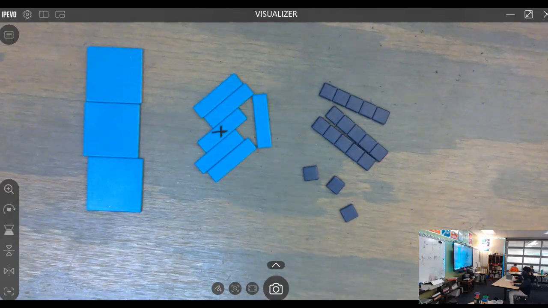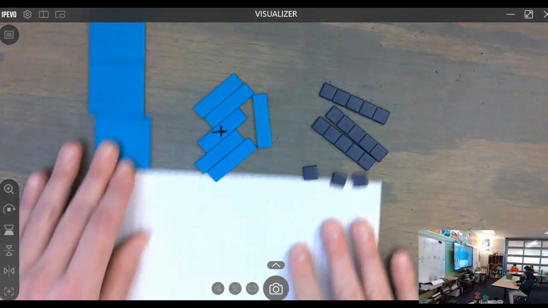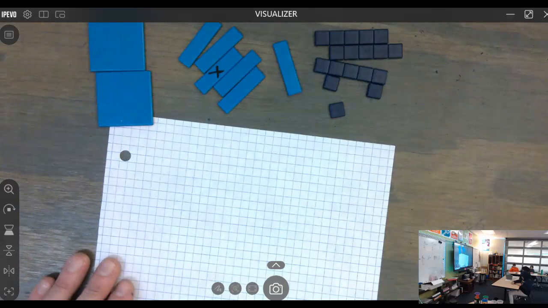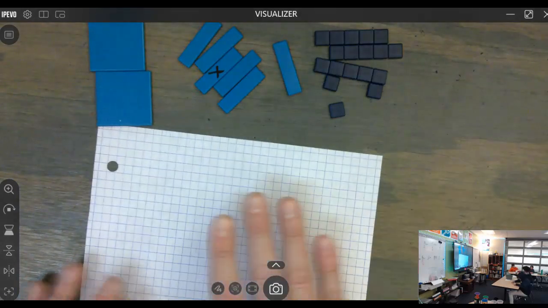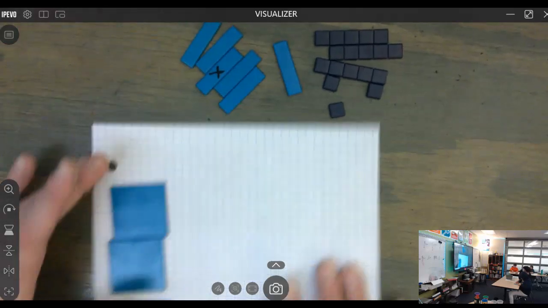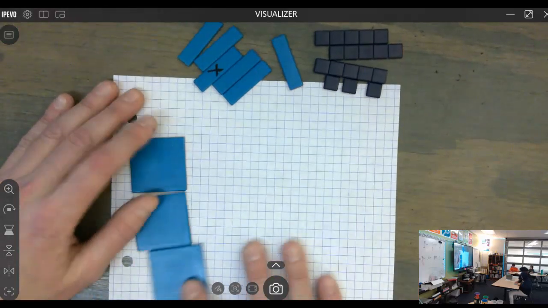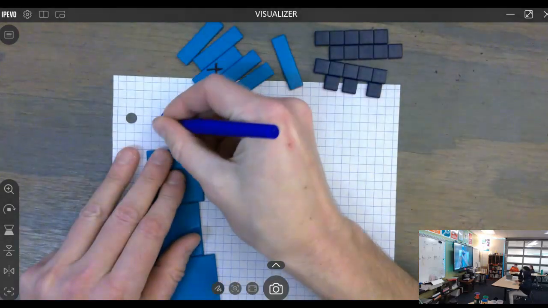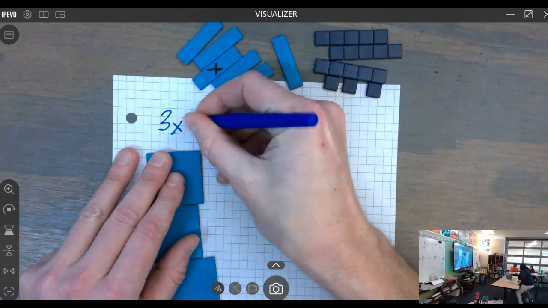So if we go to write down what we have right now, I need a fresh piece of paper because my other paper got all filled up. How many x squareds did we have? 3, right? Each of us should have 3 x squareds.